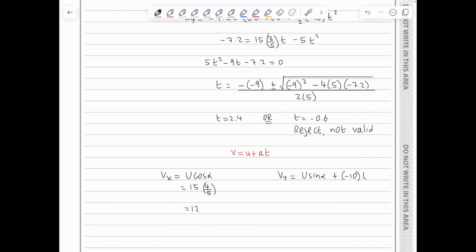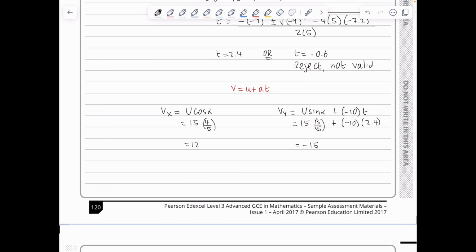So u is 15, sine alpha is 3 over 5, plus negative 10 times the value of t of 2.4. This gives an answer of negative 15. These are the components of the velocity. Remember, we're trying to find the speed, so I'm just going to use Pythagoras' theorem. The speed is going to be the square root of 12 squared plus negative 15 squared, which gives an answer of 19 meters per second, correct to two significant figures.